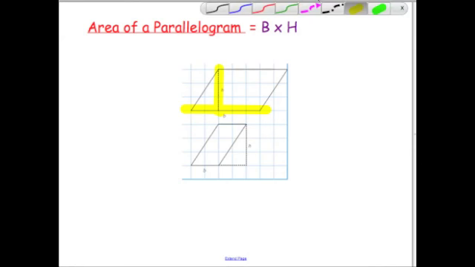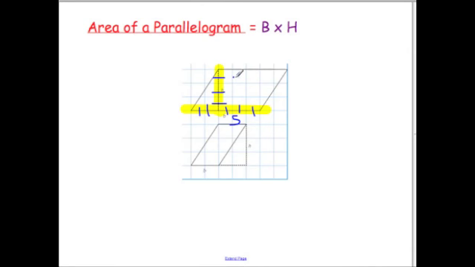And now we need to figure out how many squares there are in our base and our height. So we know there's 1, 2, 3, 4, 5 as our base, so you can write that as 5. Now we need to find our height, so we see it goes up 1, 2, 3.